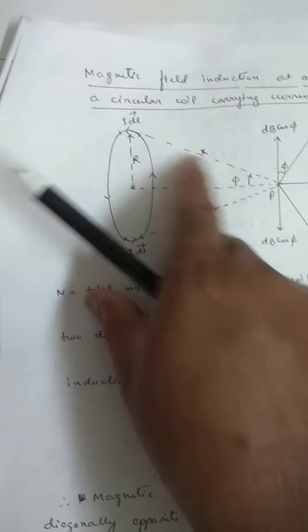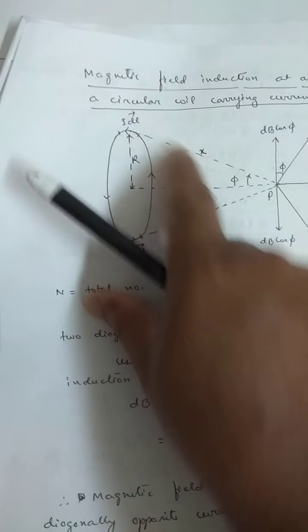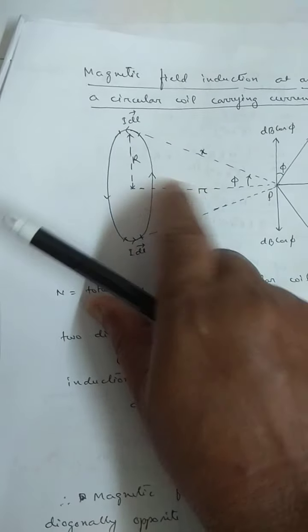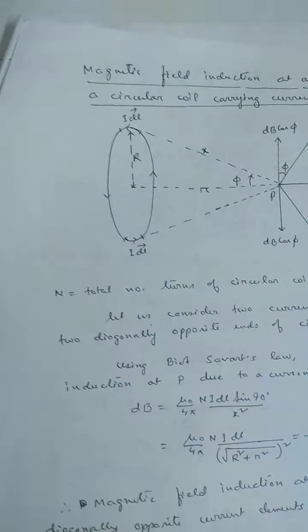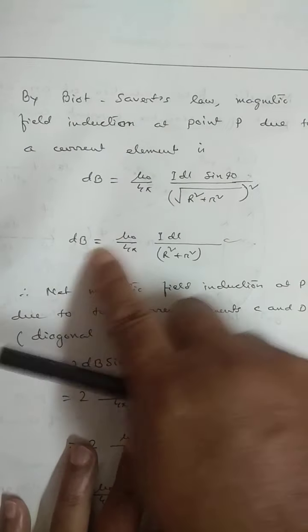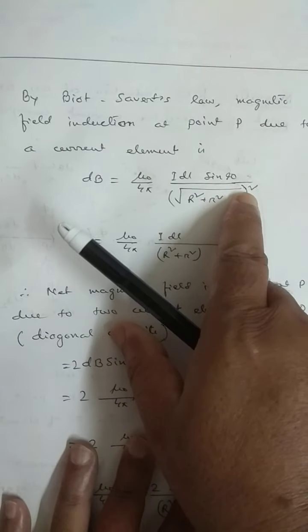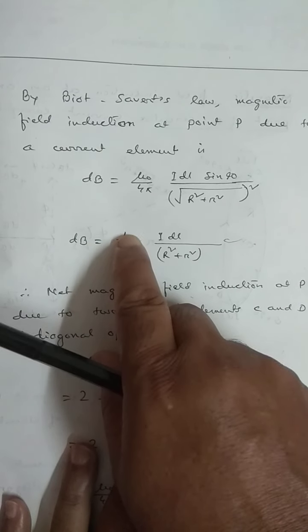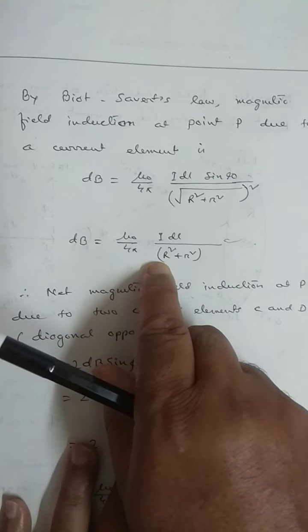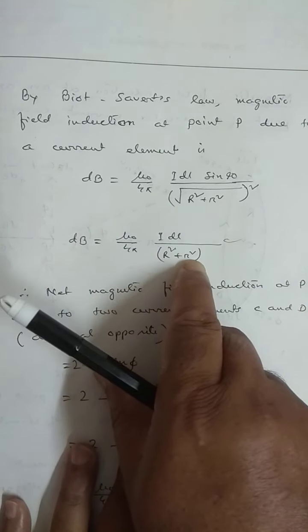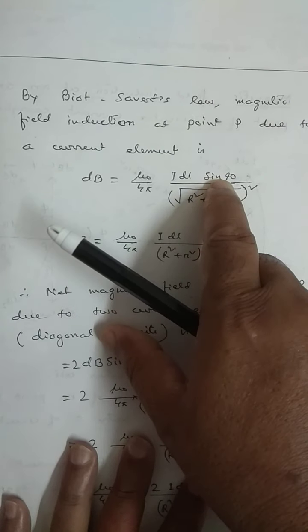This distance is the square root of capital R square plus small r square. Distance square, so the square root will be removed. So dB is mu 0 by 4 pi, I dl divided by capital R square plus small r square, because sine 90 is equal to 1.